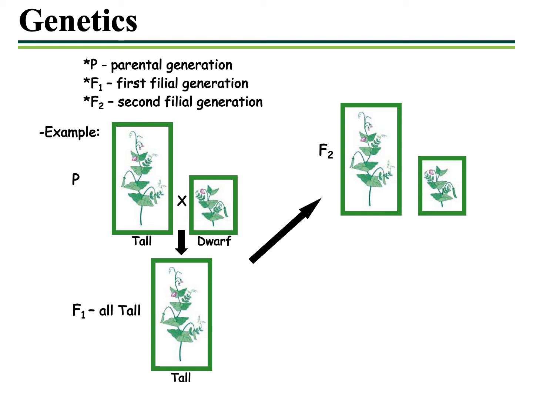The dwarf plant also came from a very long line of plants that only ever produced dwarf plants. In the F1, he found that every single individual in the offspring was tall, and this caused him some concern in that it seemed like the dwarf trait was somehow lost overall.